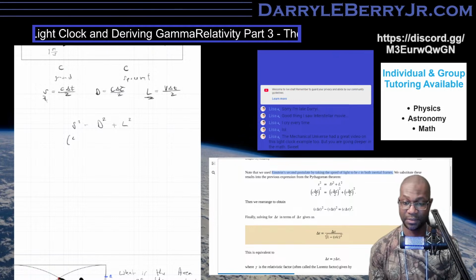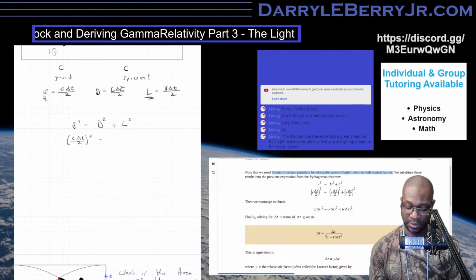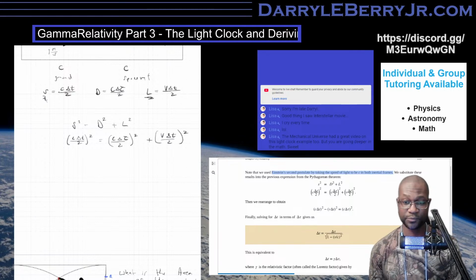So we have c change in t squared equals c change in tau over 2 squared plus v change in t over 2 squared.